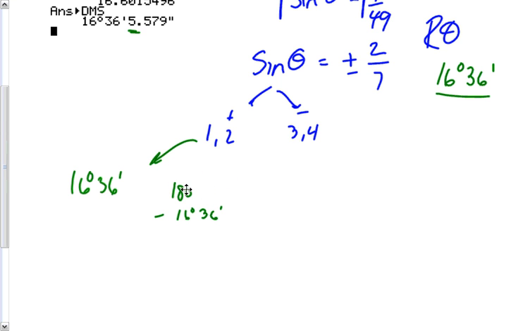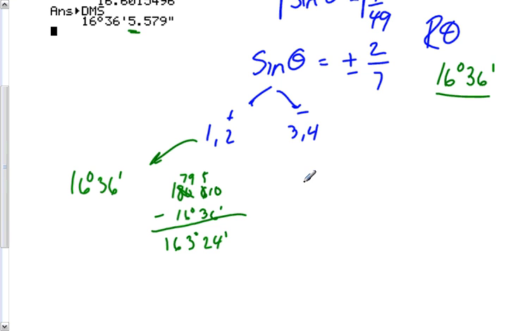What we're going to do is make this on a 60, because if I borrow, or regroup as it's supposed to be called, I need one group of 60 minutes. If I do that subtraction, there's my 5, borrow the 1, 4, 2, 3, and a 6. So I have 163 degrees and 24 minutes there. That's my second answer.